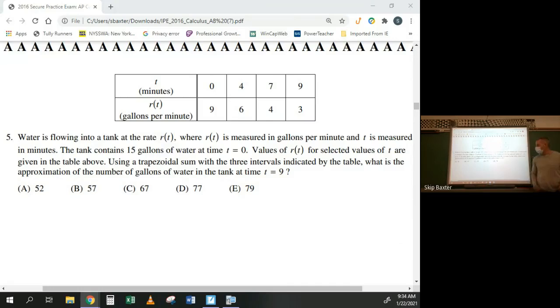C. C. Anyone else get C? Anybody have a different answer? You want me to give you another minute? Okay, I'll give you another minute. Maybe it's C. It's just scary, but it's fine.